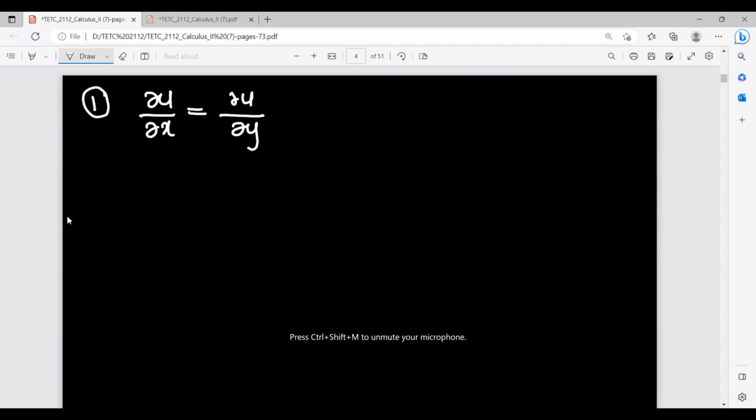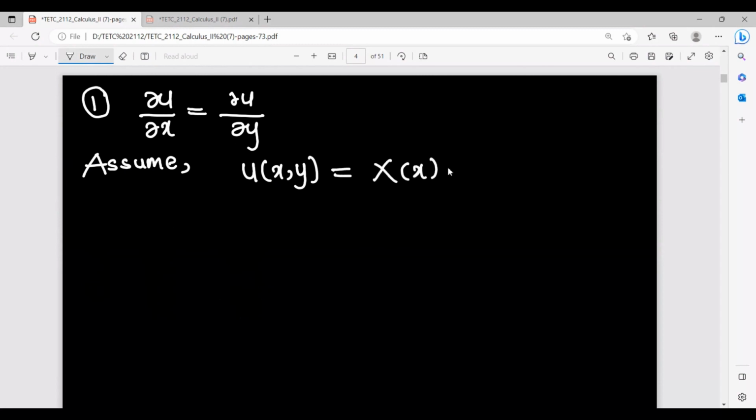First we assume u of x and y equals a function of x times a function of y. We are not solving the heat equation here; we haven't even started that yet, we are still giving these basics.